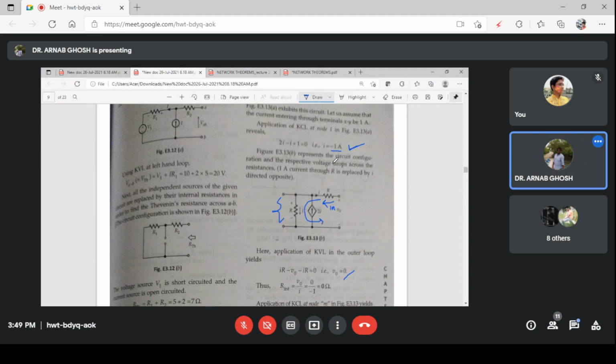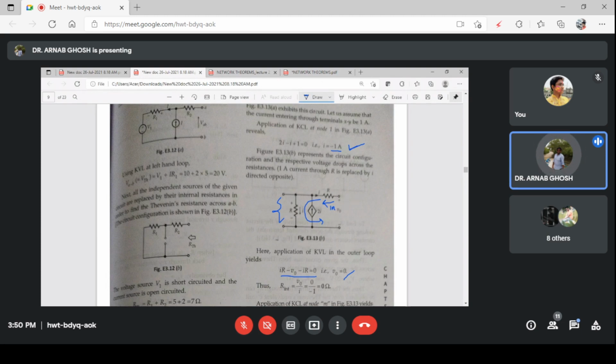You can calculate it by considering I equals 1 ampere as well. So here the voltage is IR, here the voltage is only R, that is minus R, and the voltage here is minus V0. So for this entire loop it becomes IR minus V0 minus IR is equal to 0, or equals minus 1, that will also do.